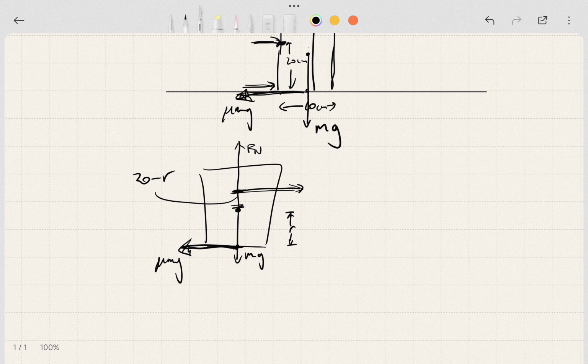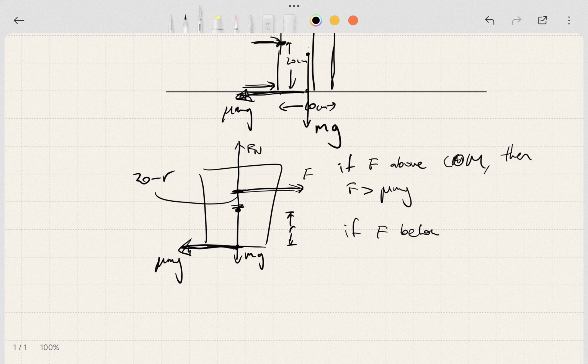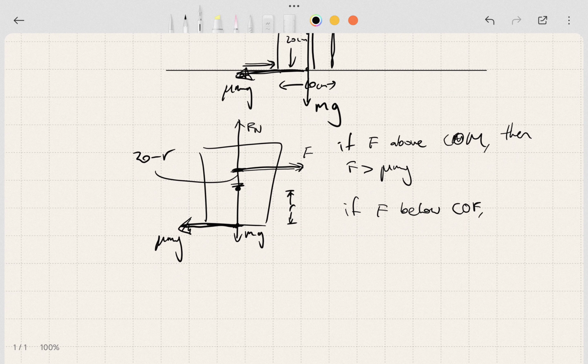So if the force is above the center of mass, then the force must be greater than mu mg in order to keep the torque balanced. If the force is below the center of mass, then we have something very interesting going on.